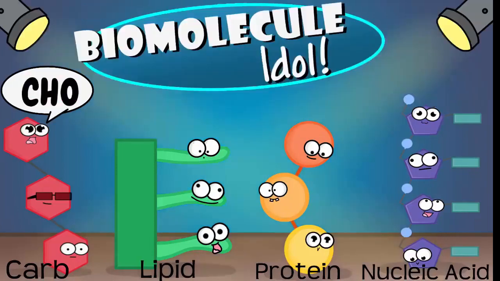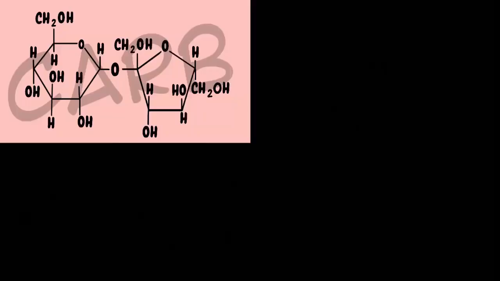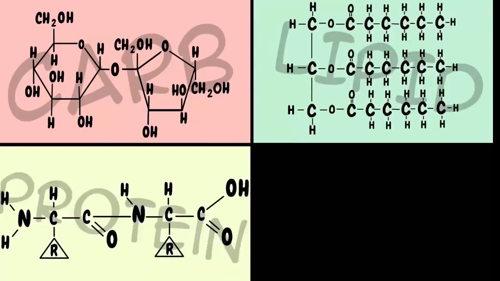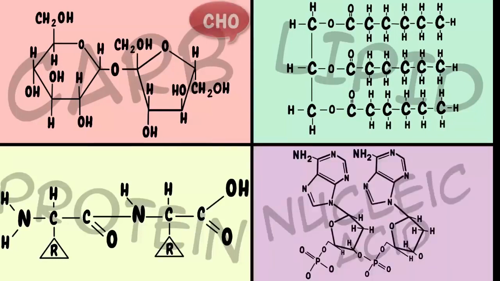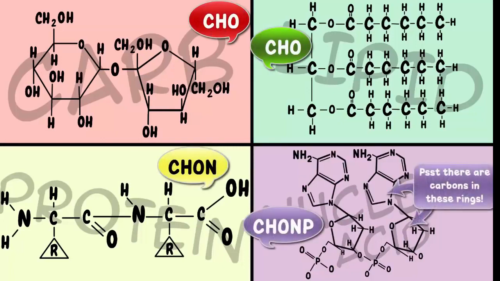So again, cho, cho, chan, chomp, the major elements in the 4 biomolecules. Now, these elements are arranged differently in the 4 biomolecules. It's important to explore the arrangement of the elements in biomolecules because the structure of that arrangement greatly impacts the biomolecule function. So, to the Google to discover some biomolecule arrangement illustrations.